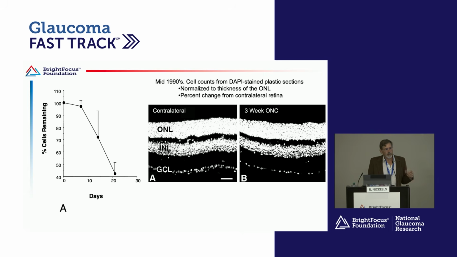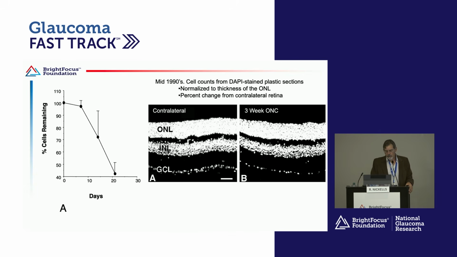It turns out we lose about 50% of the cells in that layer by 3 weeks. And we've done studies since then to show that that 50% represents the ganglion cell population in the ganglion cell layer. The other 50% of the neurons are what we'd consider displaced amacrines.